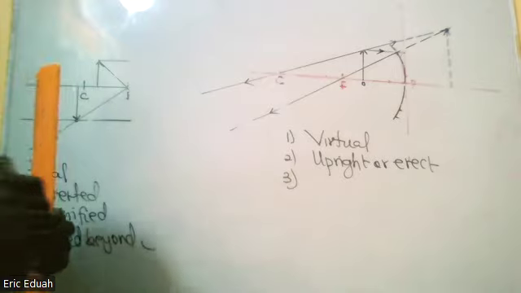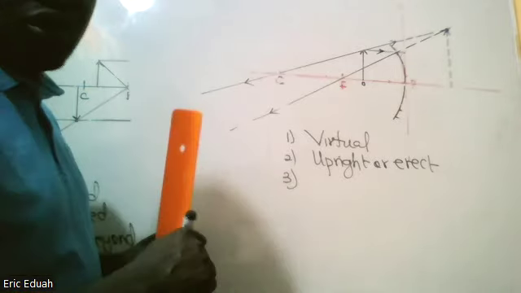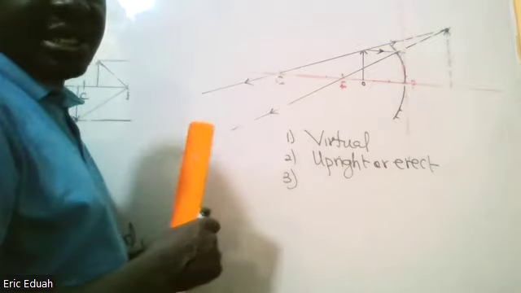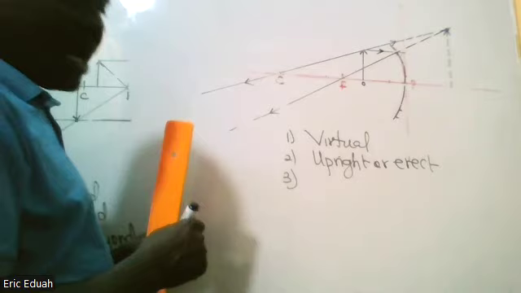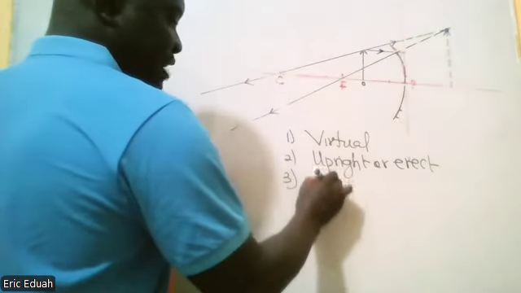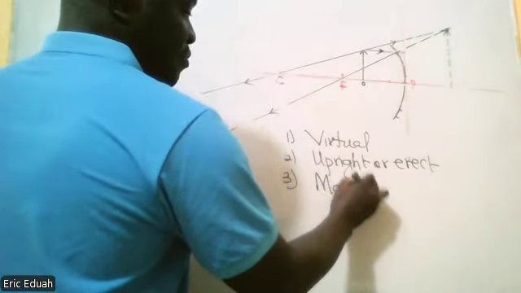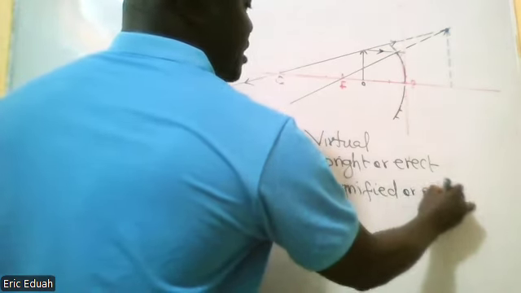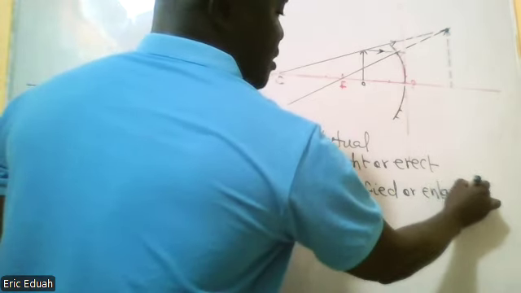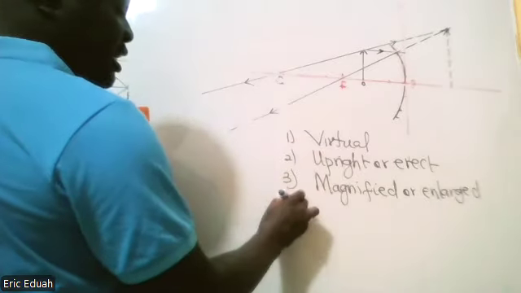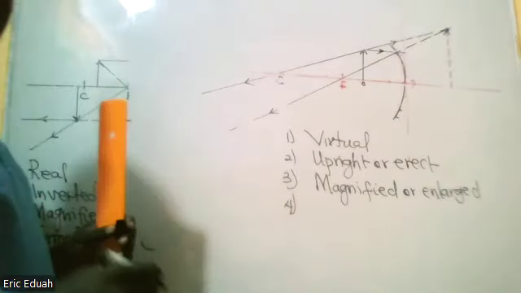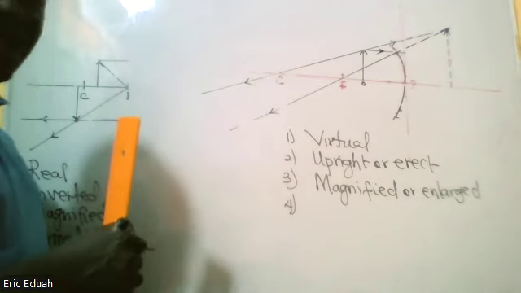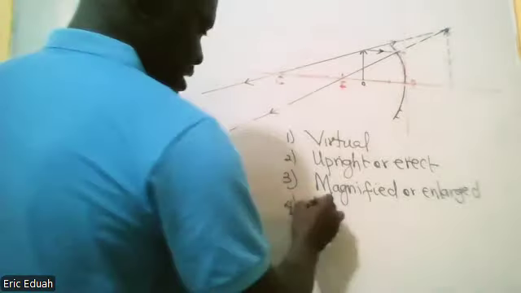Three, comparing the image and the object, you can see that the image is more enlarged. So the image is magnified or enlarged. Then finally, the image is formed at the back of the mirror, or the image is formed at the opposite side of the object.